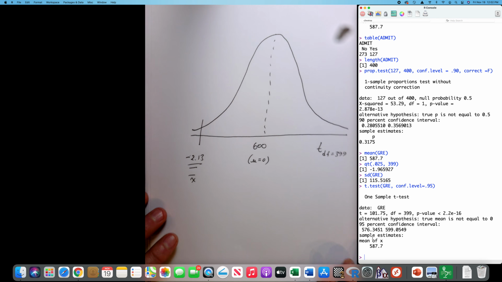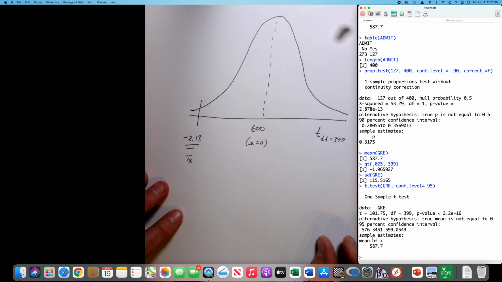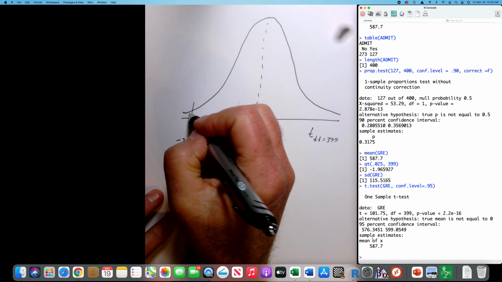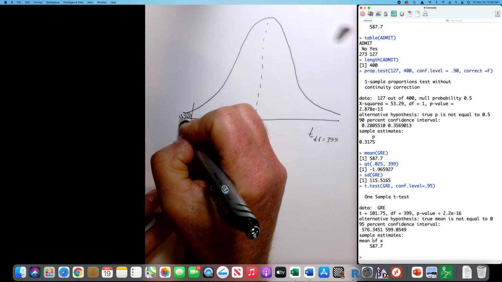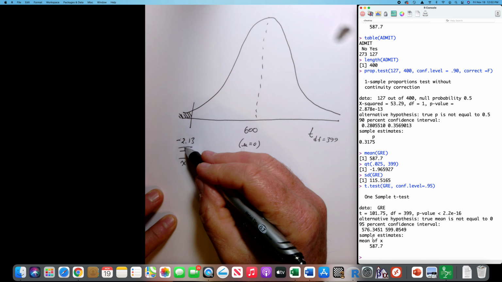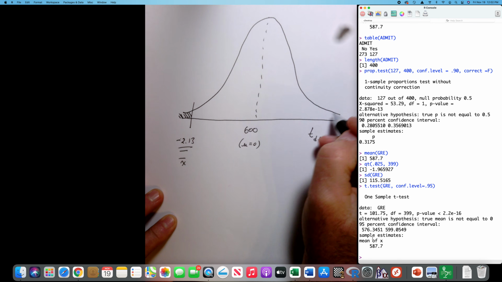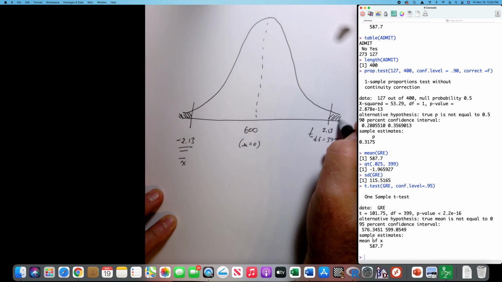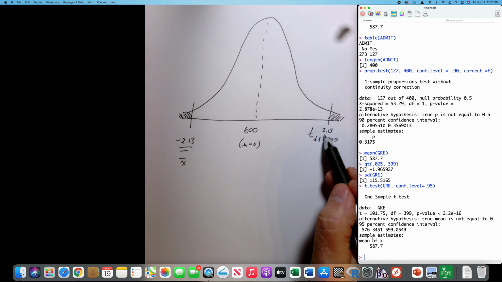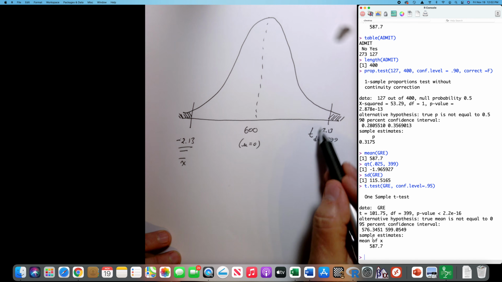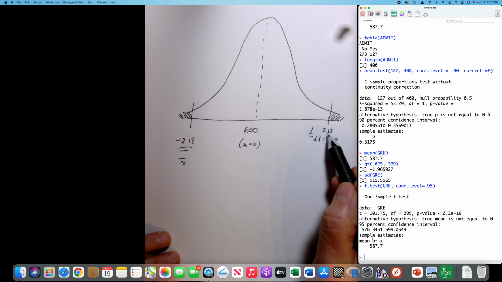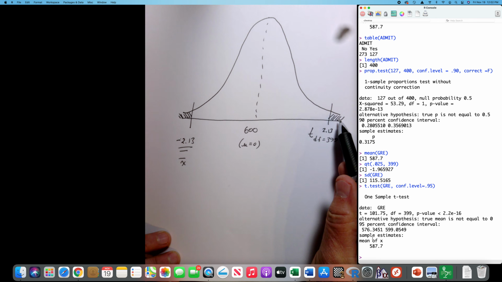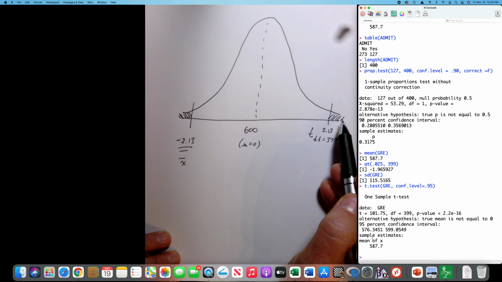Now the next thing we do is calculate a p-value. And the p-value is going to be the area under the curve left of negative 2.13, and because a test statistic of positive 2.13 is just equally likely, and again, we have a two-tail test, we have to account for the options in both tails.